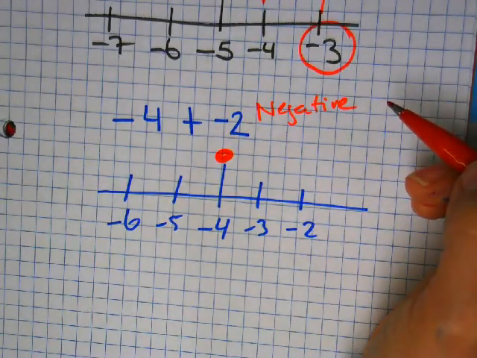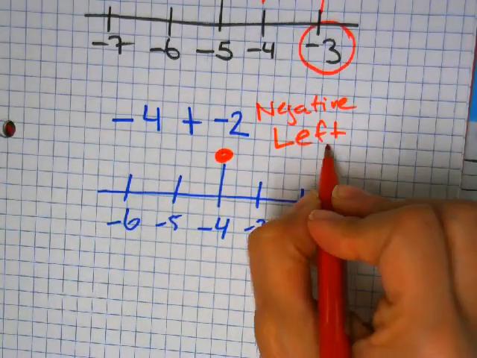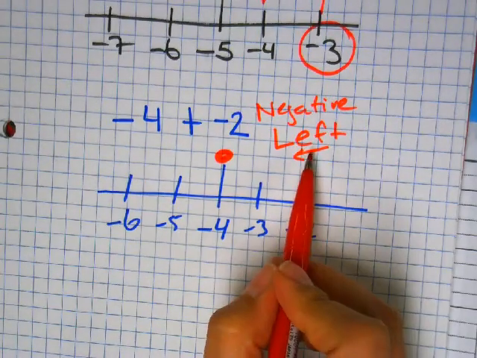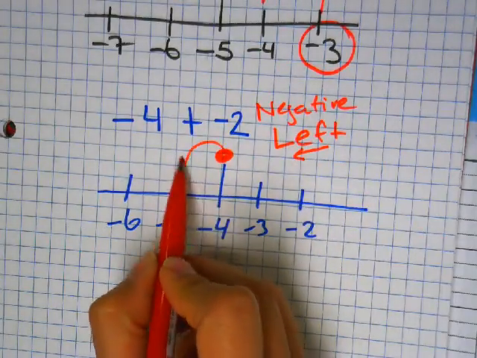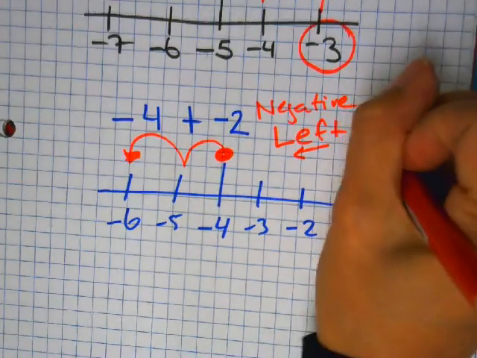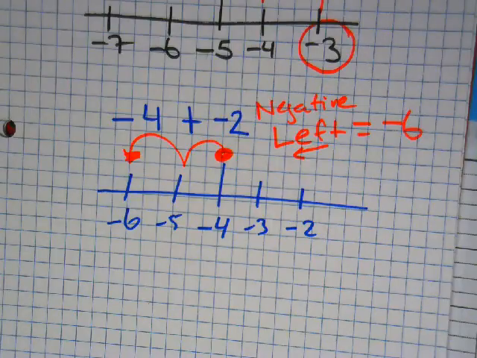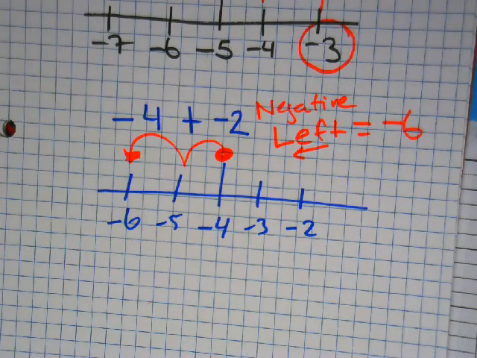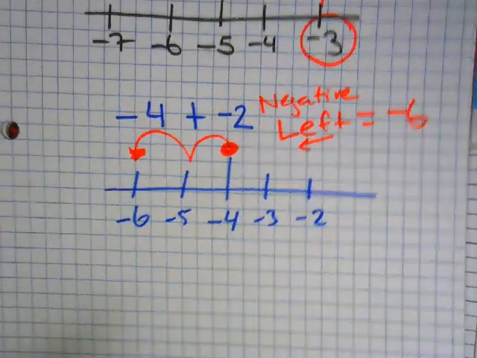Left. So I go to the left because it's negative. So I go 1, 2. Where do I end up? -6, which I know some of you already know. But we're practicing with the number line because I've seen it on the math test. We have to practice because it may or may not appear on a test.